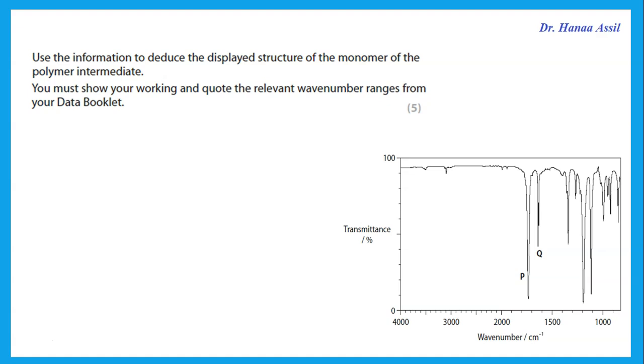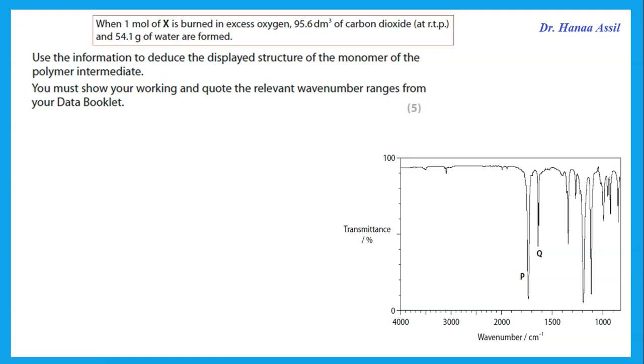So we're given the IR spectrum, and we are told that 1 mole of X burnt in excess oxygen gives this amount of carbon dioxide and this amount of water. So we can get the number of moles of carbon dioxide. This is a gas at room temperature, so volume over 24.